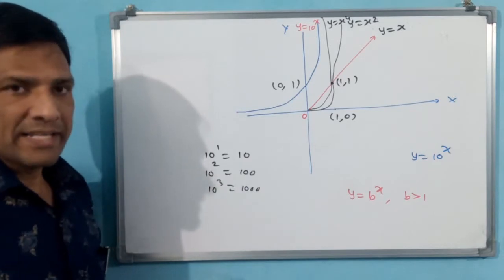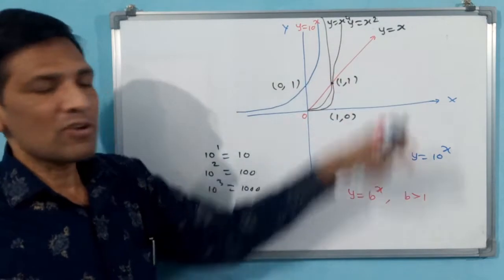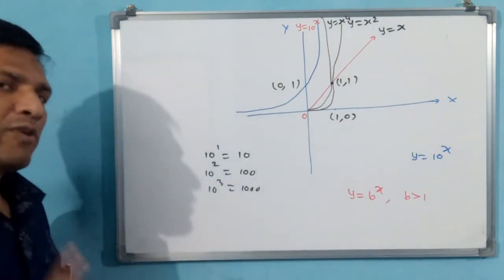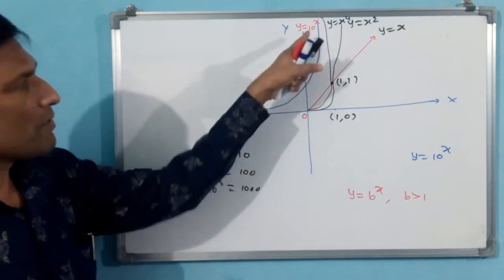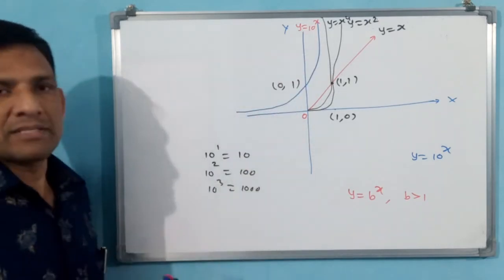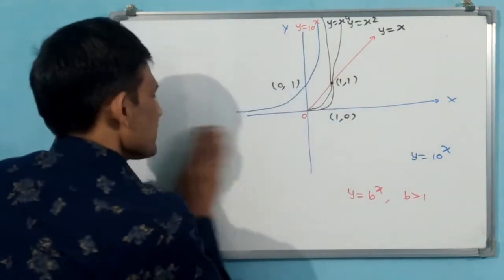Okay, we will standardize. Another function: rather than this many bases, we want to take only one base. What base will we take? That base power x, like 10 power x, we will take, as mathematicians have decided. That number is e.